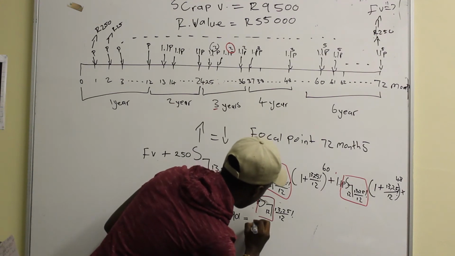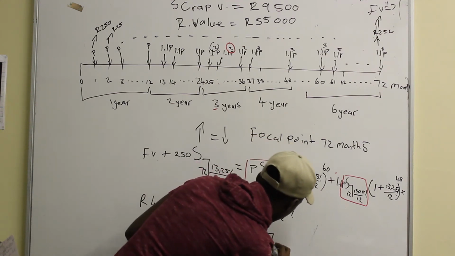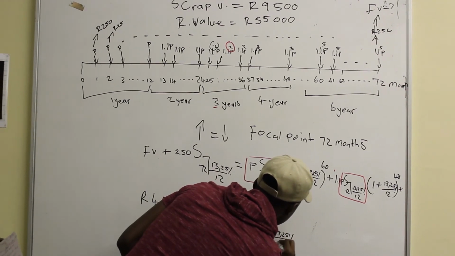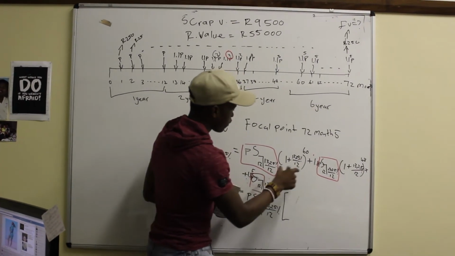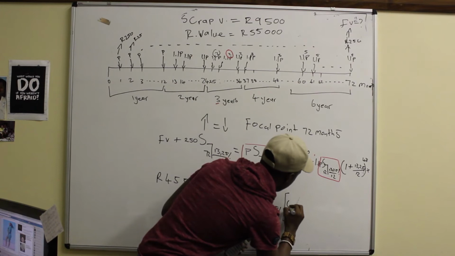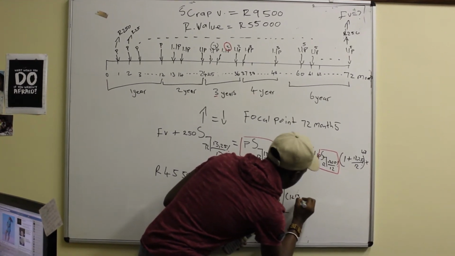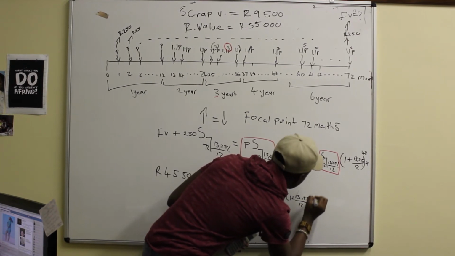I'll just say P as 12 and the interest 18.25% divided by 12. And then what am I left with here? I'm only left with the bracket, right? 1 plus 18.25% divided by 12 to the power of 60.